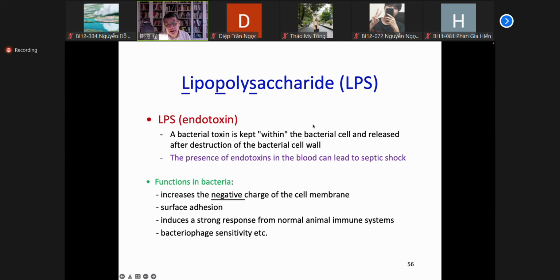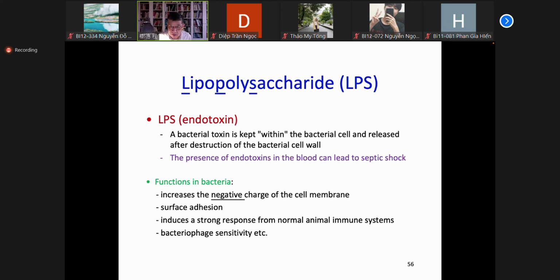But in the gram-negative cells, it has many functions. First, it increases negative charge. It also helps the cell adhere to the surface. It also induces a strong response from animals, and makes the cell sensitive to bacteriophage. So it has its own function in the bacteria. However, because animals have been fighting these bacteria for millions of years, animal cells are very sensitive to LPS.